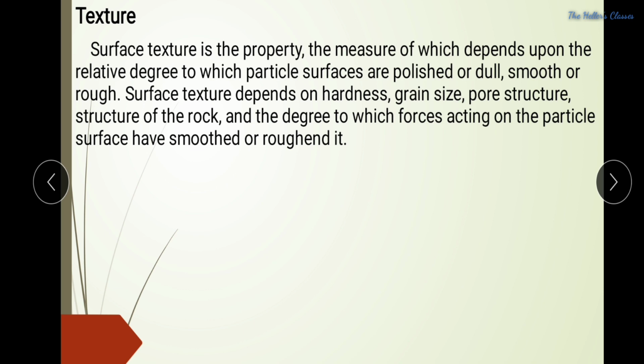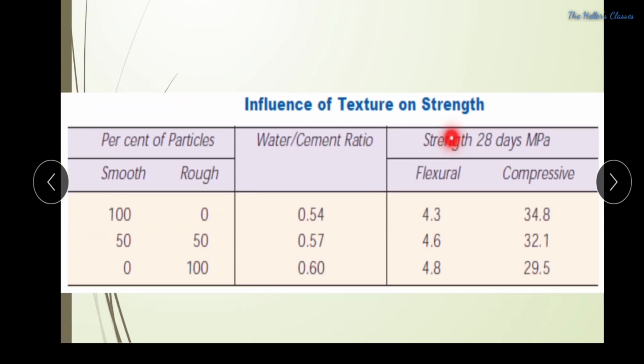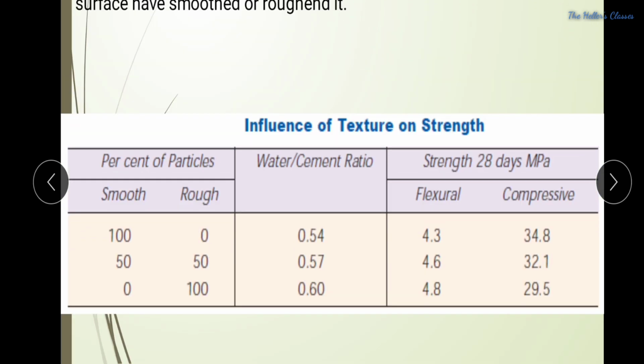So next one is texture. Texture is also one of the basic components. If the texture is very smooth, then we are not able to get a good strength. If the texture is somewhat rough, we may get more flexure. If the smoothness is more, we may get more compressive strength. Even for rough aggregates we require more water cement ratio also.